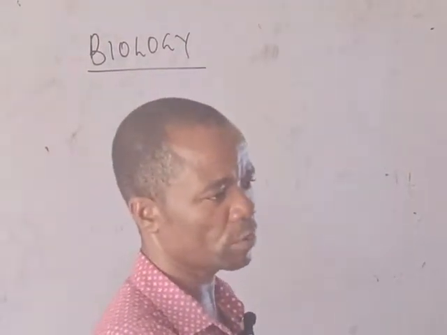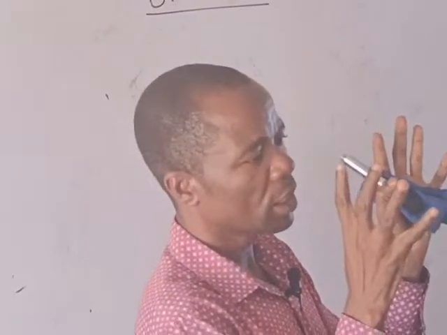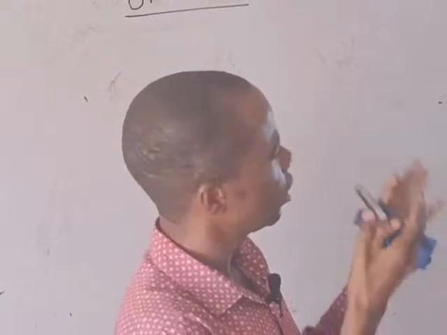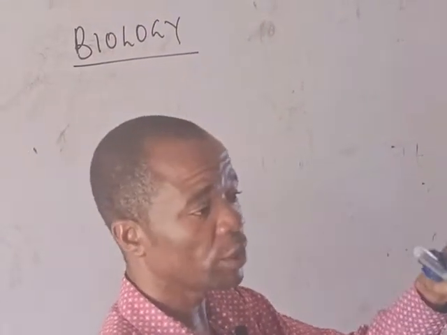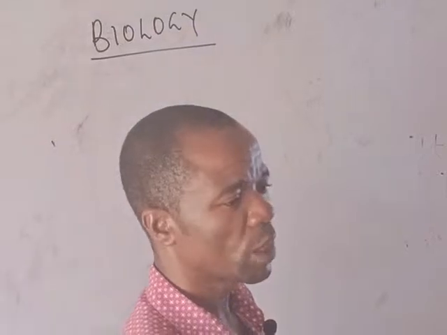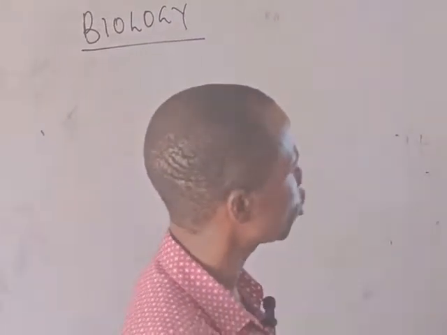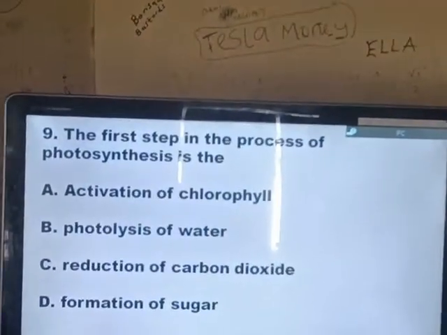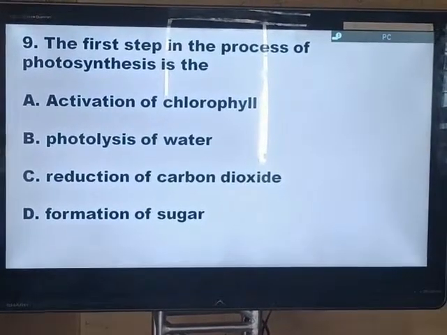That's the very first thing that happens during photosynthesis. When plants are exposed to sunlight and trap the sunlight, the chlorophyll becomes excited or activated. After the activation, there is photolysis of water. But the question is asking the very first step, and that is option A, activation of chlorophyll. It can also be called excitation of chlorophyll. So for number 9, the answer is A.